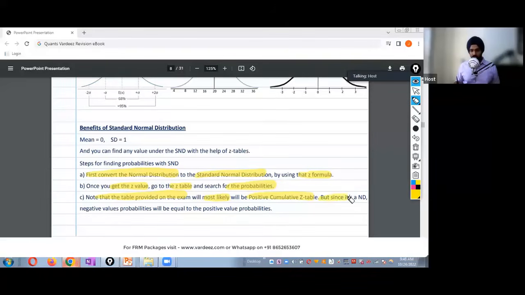But since it's a normal distribution, negative value probabilities will be equal to the positive value probabilities. That means if you want to find this region, no problem at all. Just find the positive one and put a negative sign in front of it. That's it.